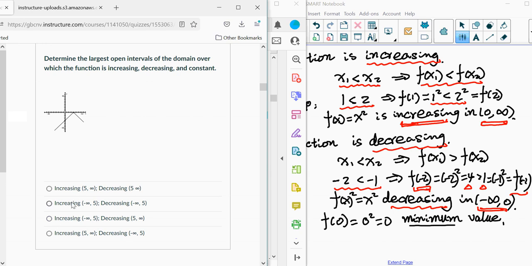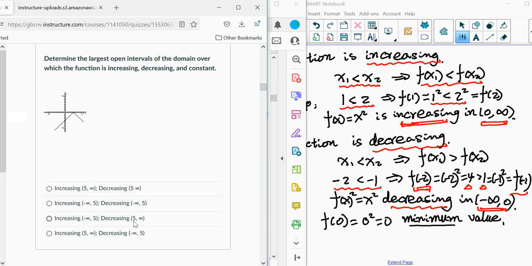So it sounds this one and this one are correct. And then between those two, which one we should choose? Here it says again the same area. So on the same domain, it cannot be increasing and decreasing at the same time.